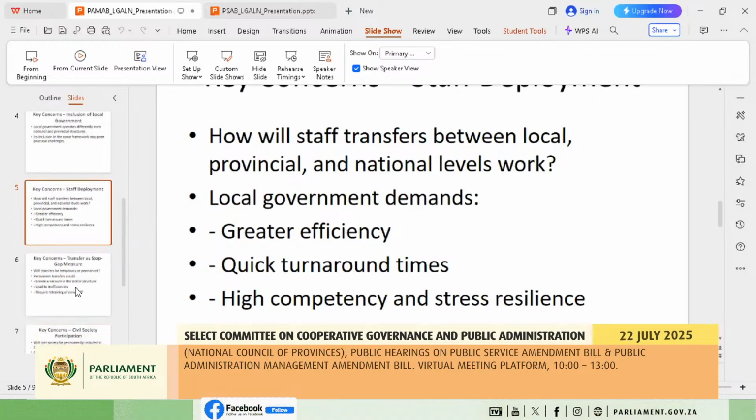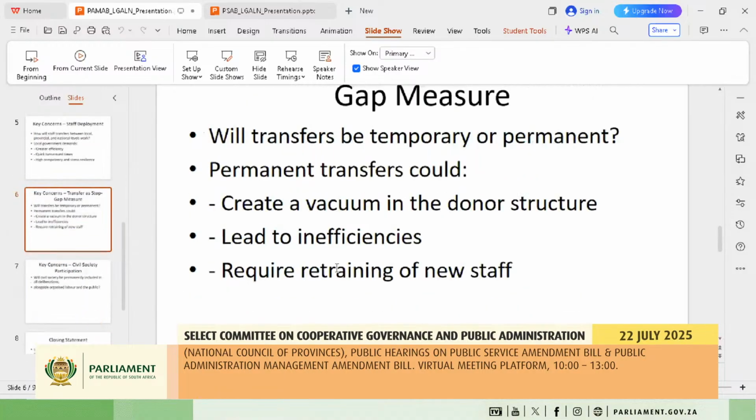Otherwise, you're going to get a lot of service delivery problems. And when we're talking about transfers, will these be temporary measures or permanent? If there are permanent transfers, this will create a vacuum in the donor structure, lead to inefficiencies, and require retraining of new staff. And also, will this be done with the consent of the affected employees?